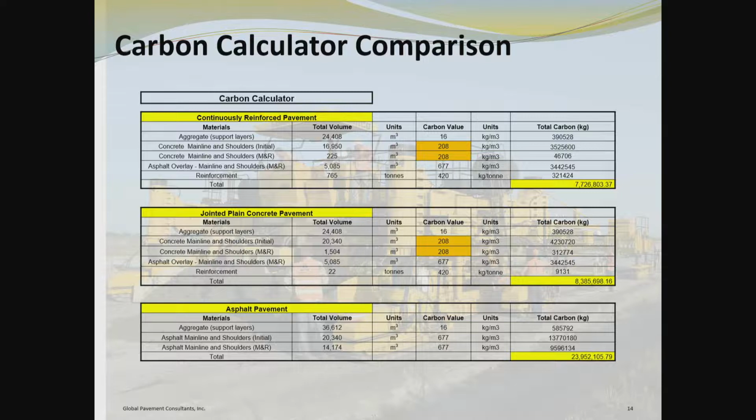So if you go down through this list, you find that the asphalt overlay is a fairly high number. The asphalt overlay is almost as much carbon-wise as the mainline pavement and the shoulders.